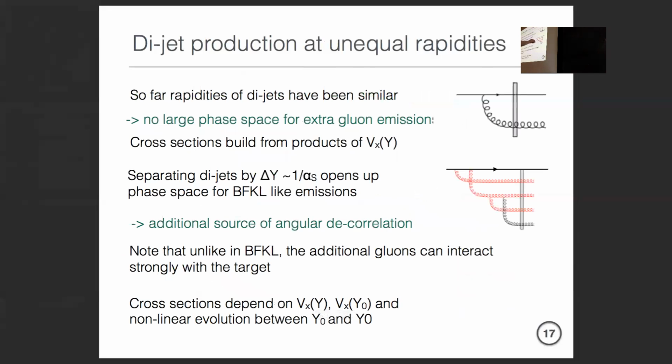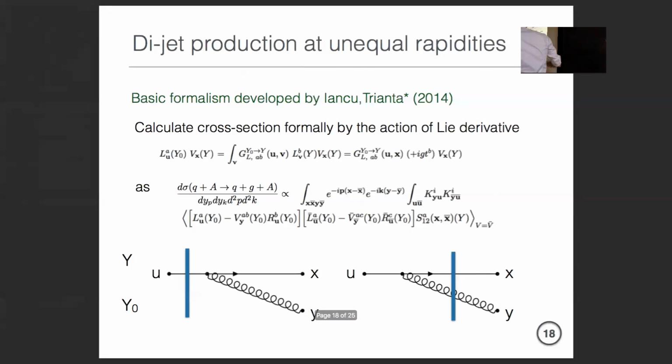Then the scattering of this additional emitted gluon is constructed, in a formal way, by the action of a Lie derivative, which produces this additional gluon on the color field of the target at the lower rapidity scale.